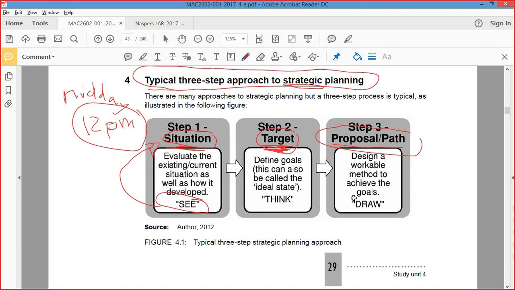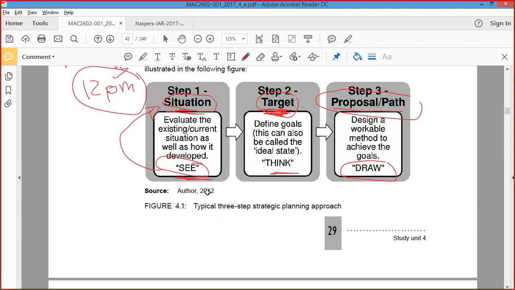It's seeing the problem, seeing the scenario, thinking about it, and then drawing a conclusion. Another way of looking at this could be your exam. In the exam, they're going to give you a question. That's seeing it. What are they testing?